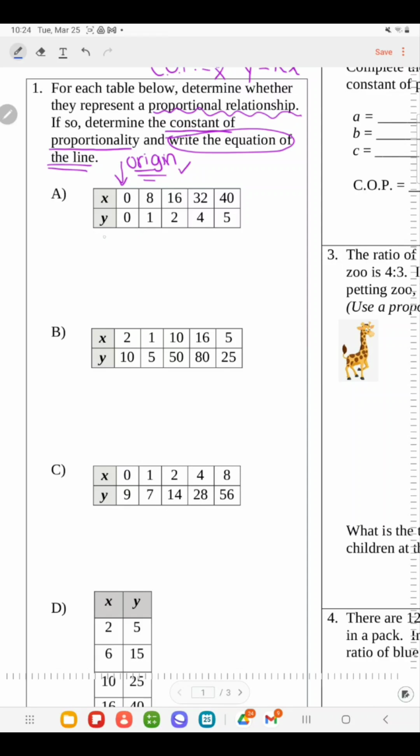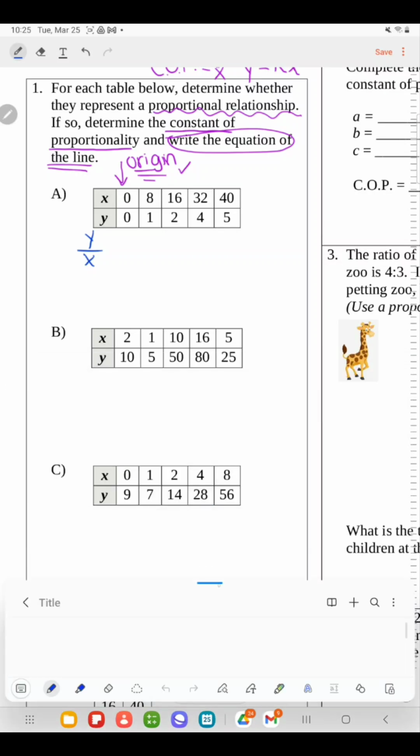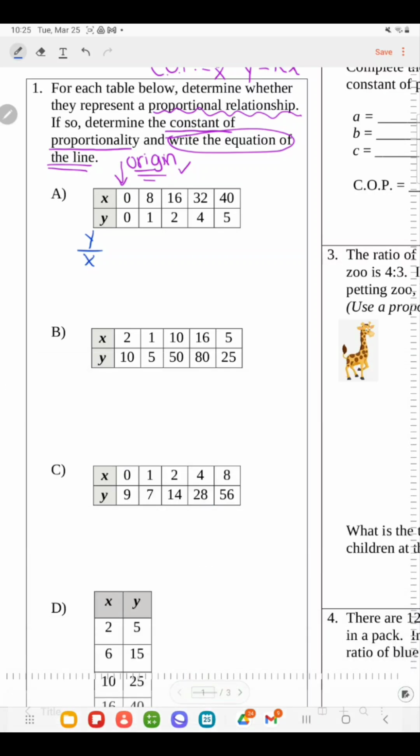The next one, we're going to put y over x for each one of them. Sorry about that. Got this box stuck. And the y value with this 8 is 1 over 8. This one is 2 over 16.